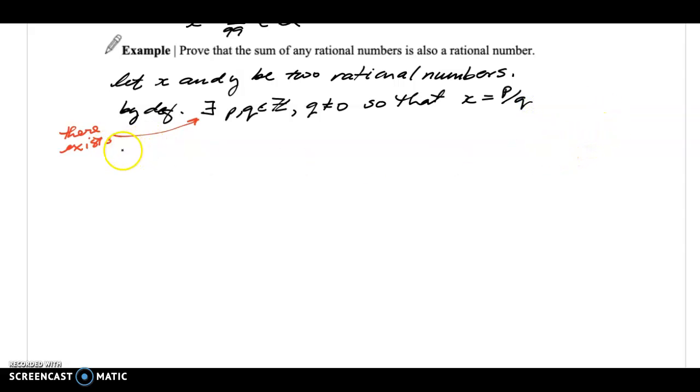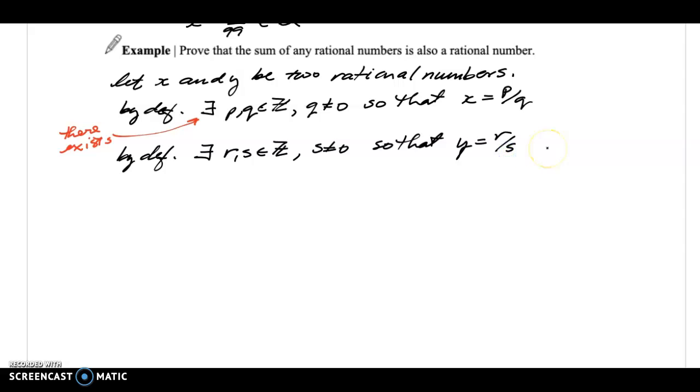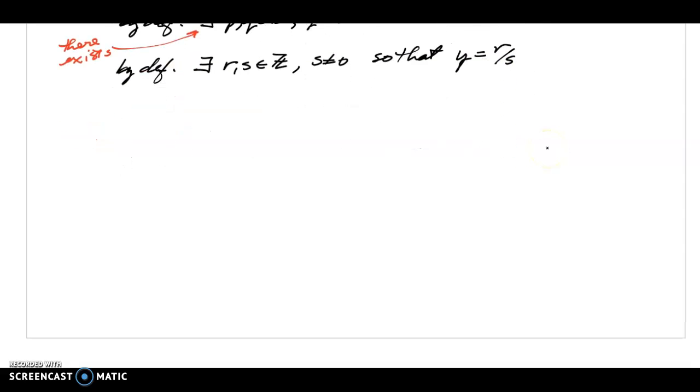Next, by definition, there exist r, s, elements of the integers, where s cannot equal 0, so that y is equal to r over s. There you go.